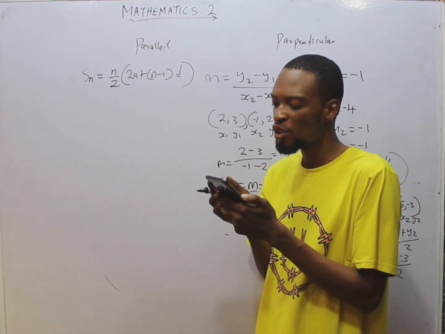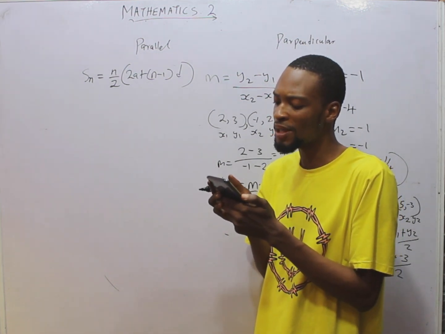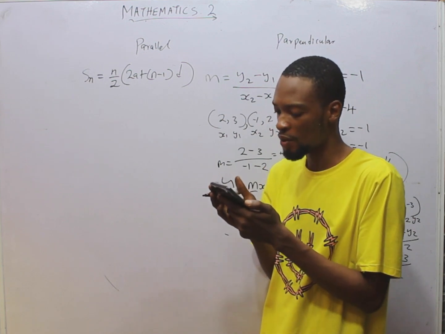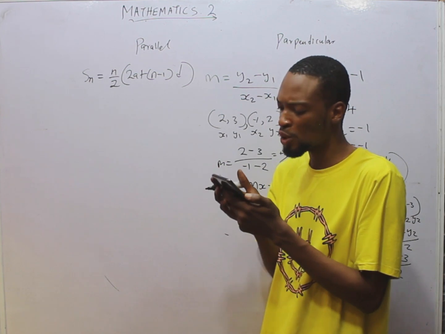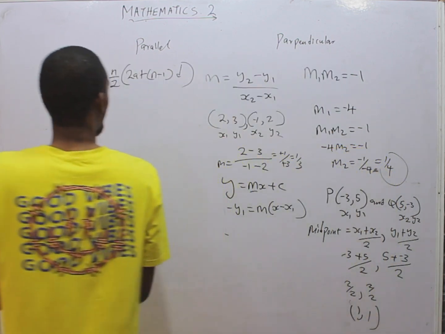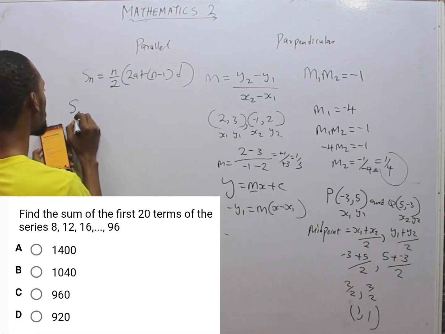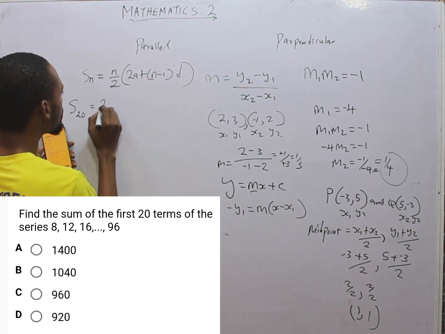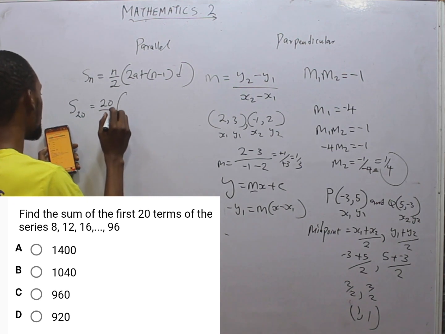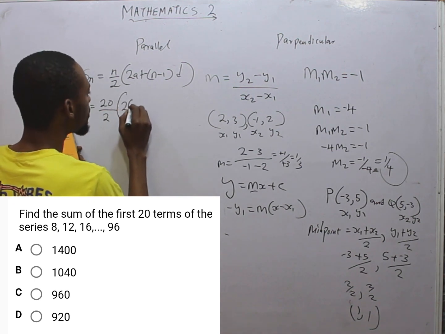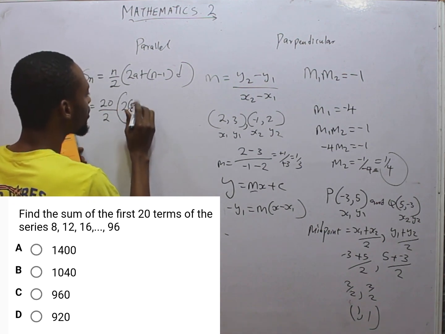D is 4. 12 minus 8, 4. 16 minus 12 is 4. So that is the common difference, 4. And what is n? N is 20. Because we are looking for the sum of the first 20 terms. This gives us sum of the 20 terms is equals 20, the term we are looking for, over 2. A is 8. So 2 times 8.